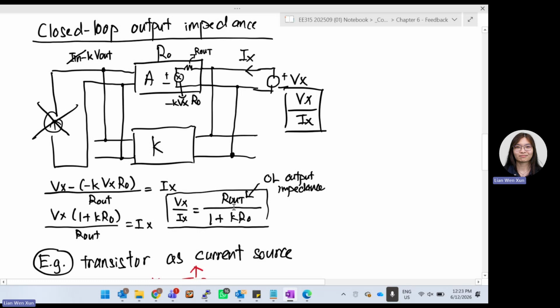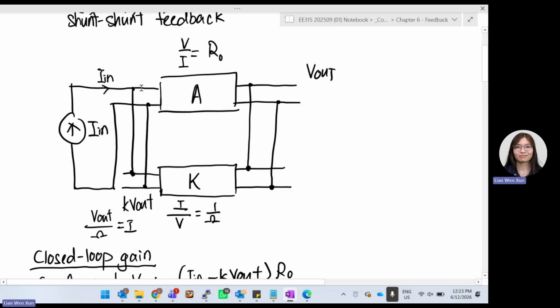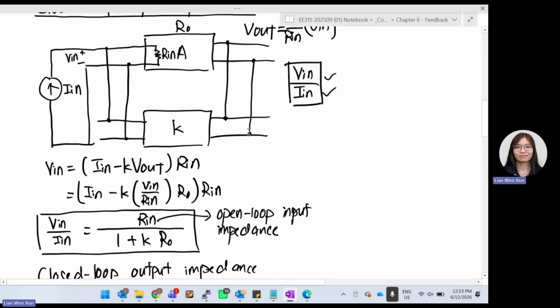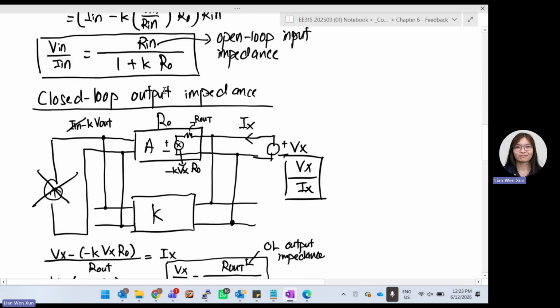Take note that R out is your open loop output impedance, and R naught now is your gain, your A basically. So it's still the same thing. You realize that R out is very small because we are measuring voltage. And over here, this is a current already, and it's supposed to have very small impedance as well. That's why your closed loop input impedance is also something divided by 1 plus K R naught. It is also very small.